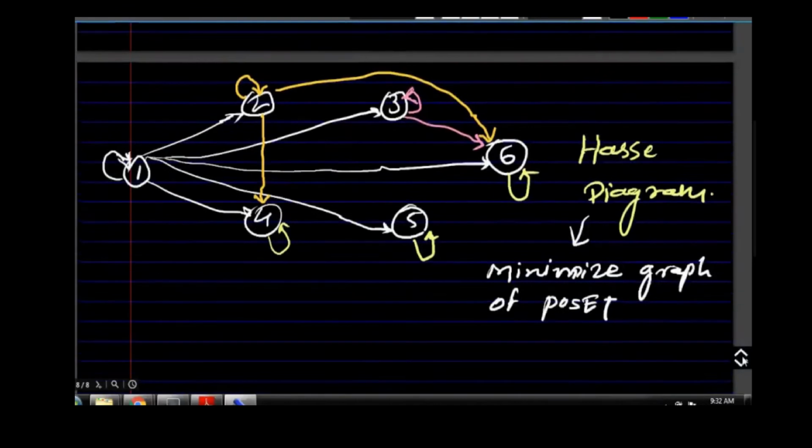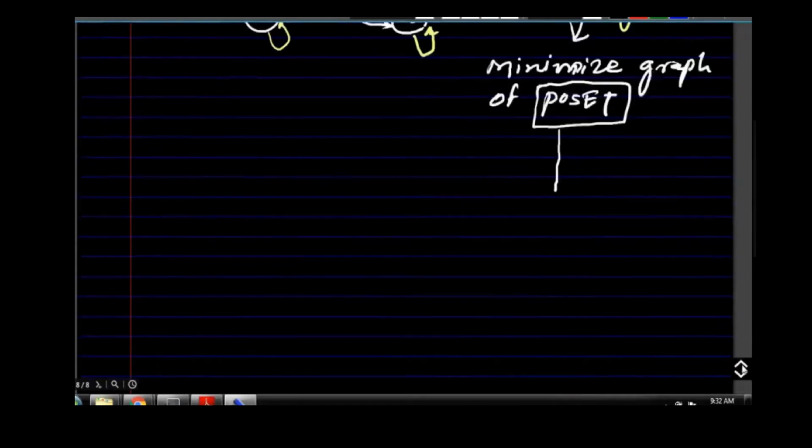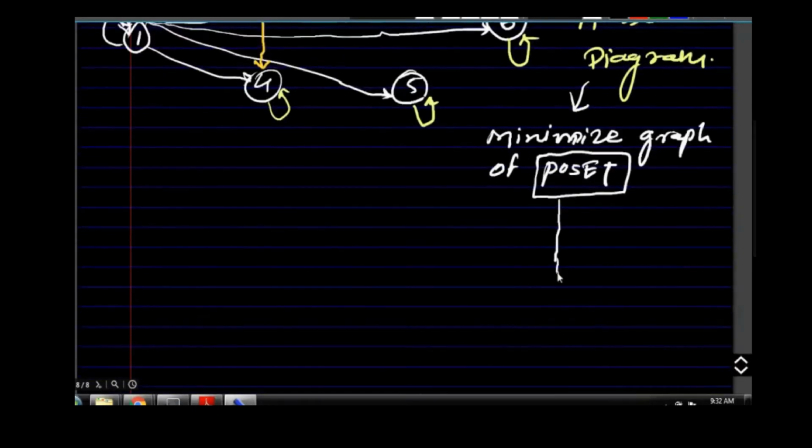We are using this method for minimizing the graph of a poset, and what are the properties of a poset, or partial order relation? A poset should satisfy the following properties: reflexive, antisymmetric, and transitive.